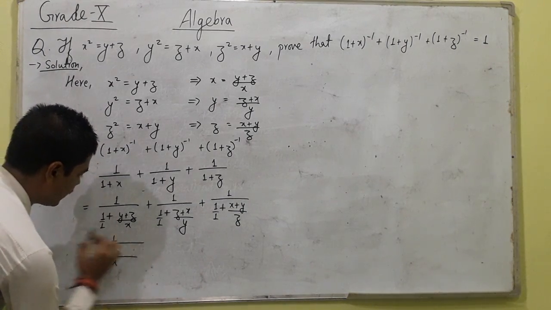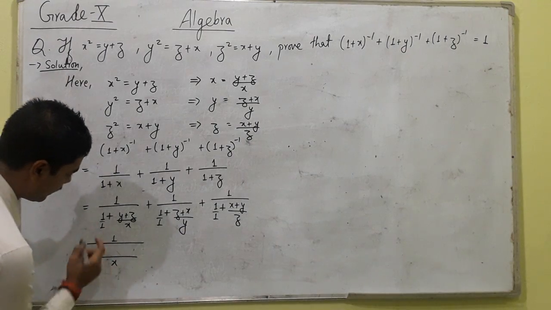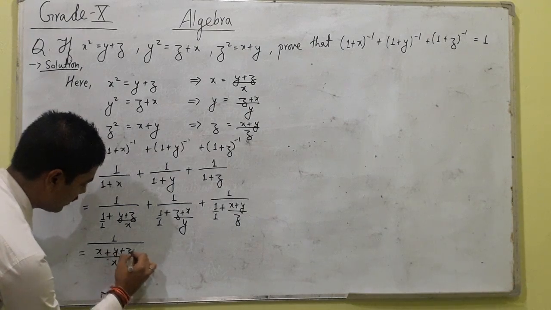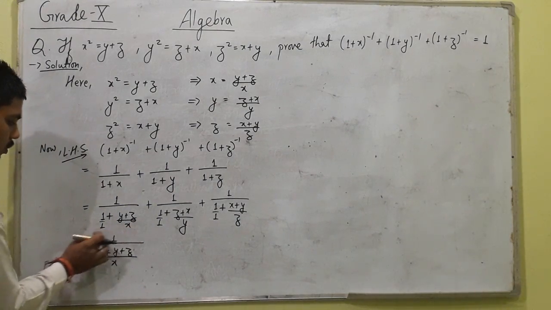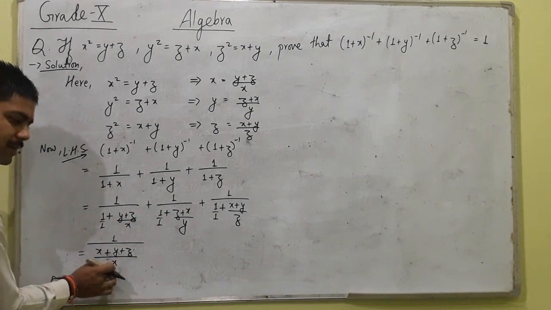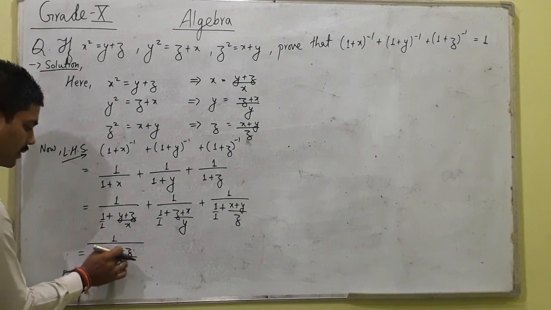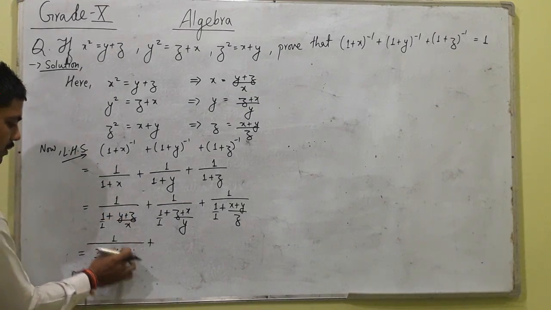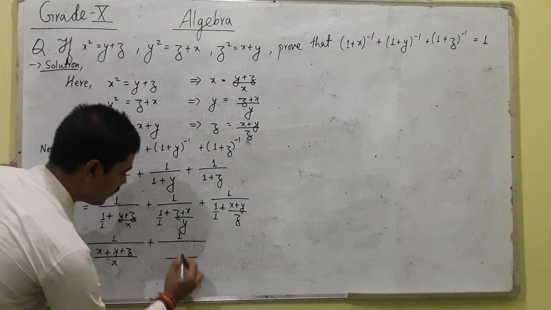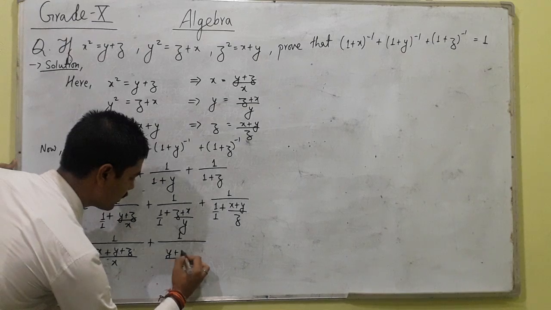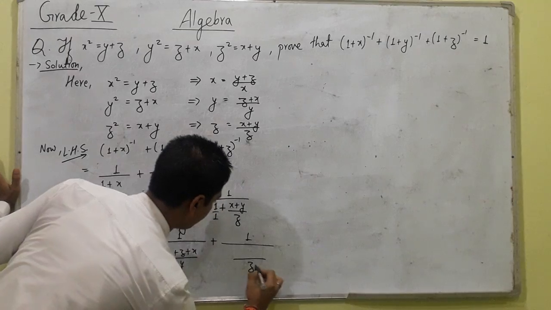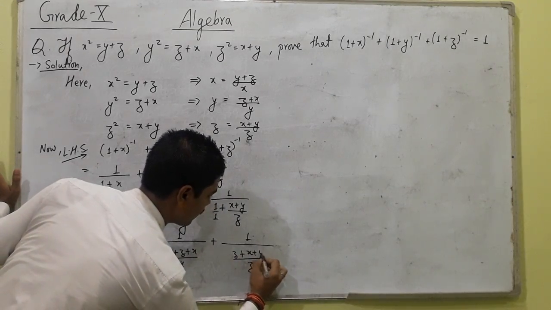The numerator 1 is as it is, and here comes 1 into x plus y plus z, because the LCM between 1 and x is x, and the denominator of this fraction is x as it is, so the numerator comes as the answer. 1 upon, and the LCM between 1 and y is y plus z plus x, plus 1 upon z plus x plus y.